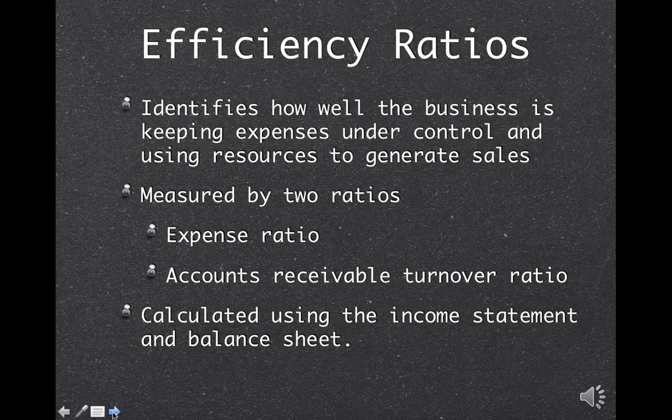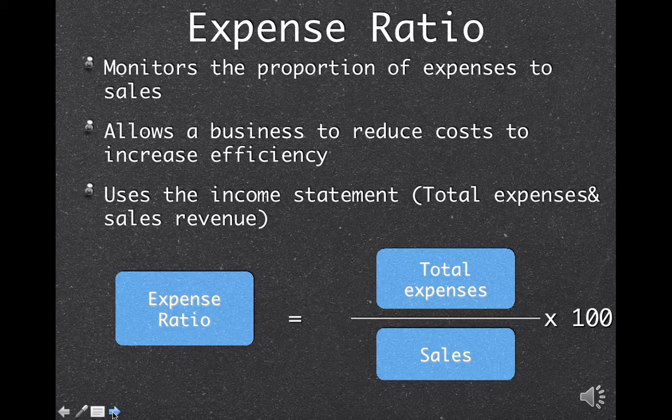So let's look at the expense ratio first of all and see where we get that information from. First of all, we need to know what ratio we're going to look at and how we're going to make that calculation. The expense ratio monitors the proportion of expenses to sales.